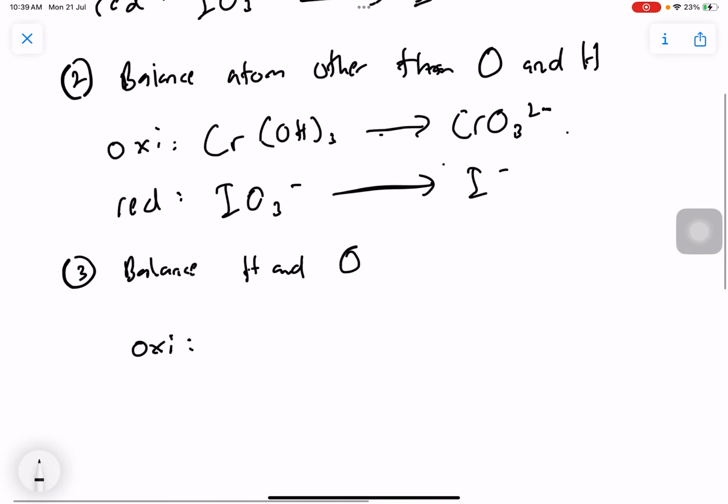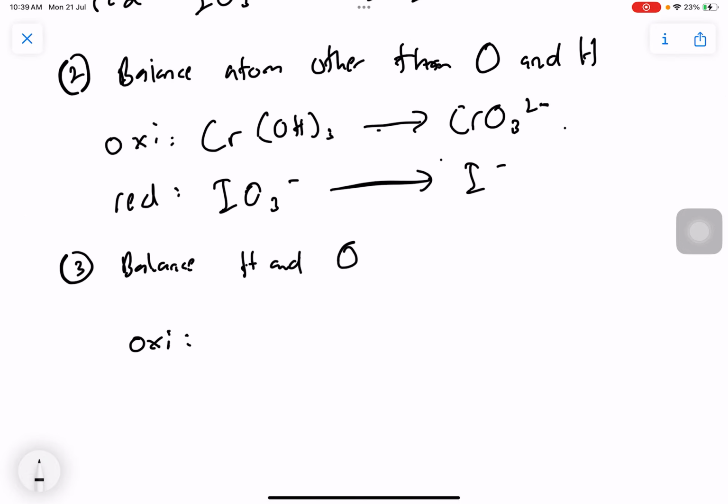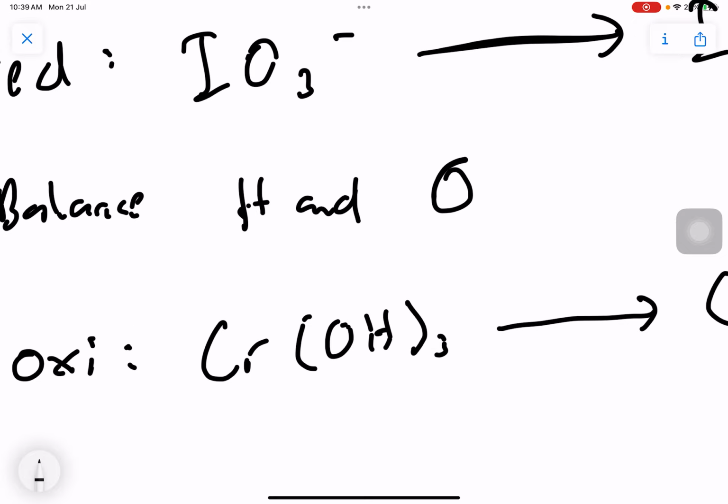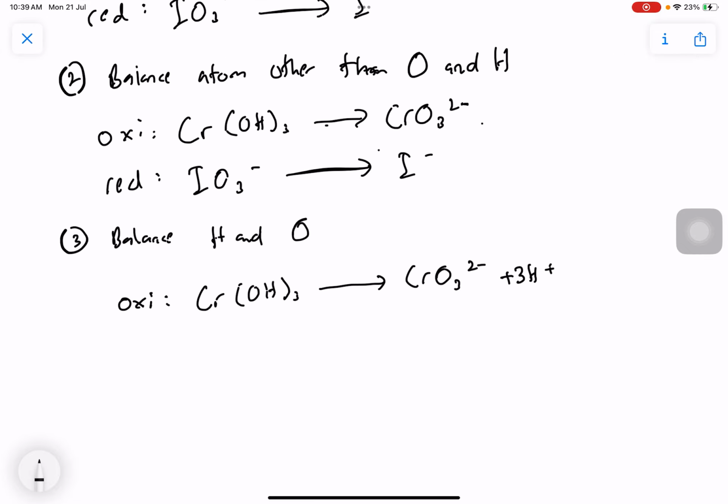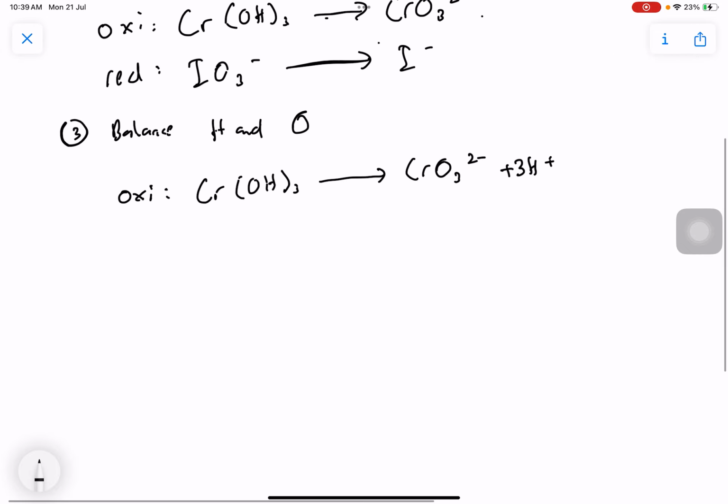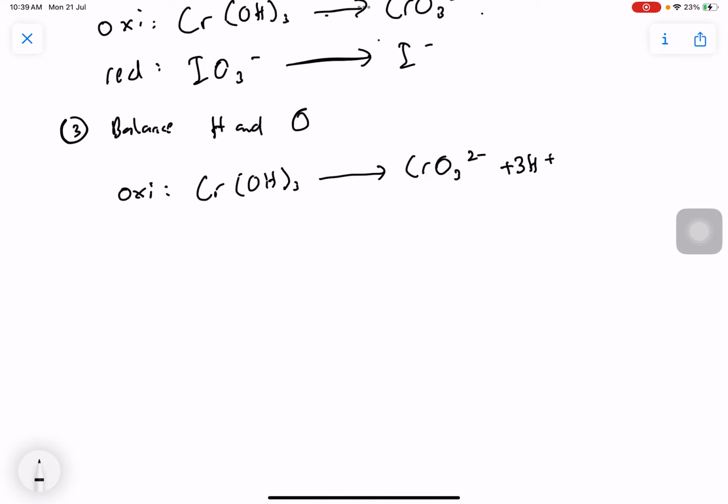And then for hydrogen, CrOH3 to CrO3 2 minus, to balance hydrogen you need H plus. How many H plus? 3 H plus, because here there are 3 hydrogens. Balance hydrogen by adding H plus. Balance oxygen by adding H2O.